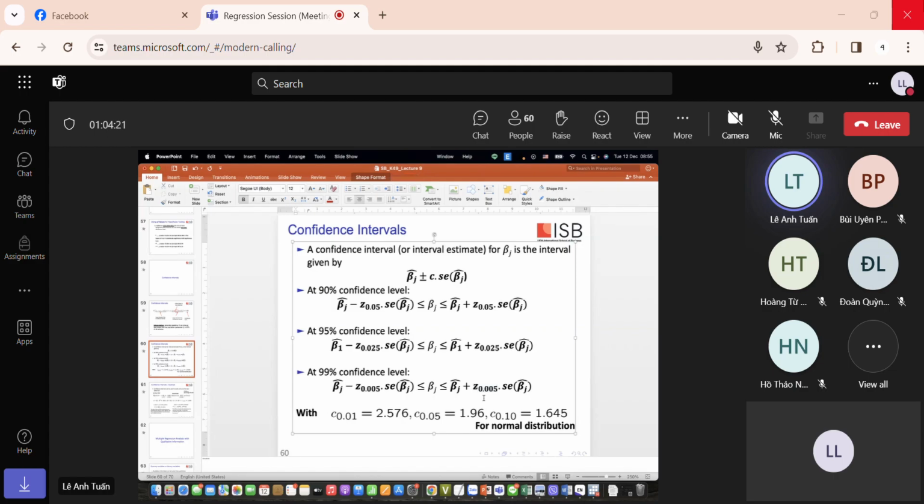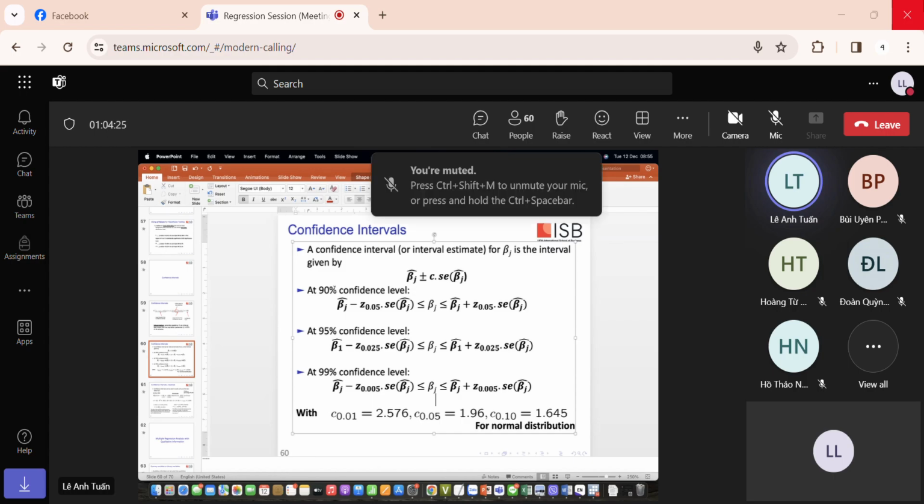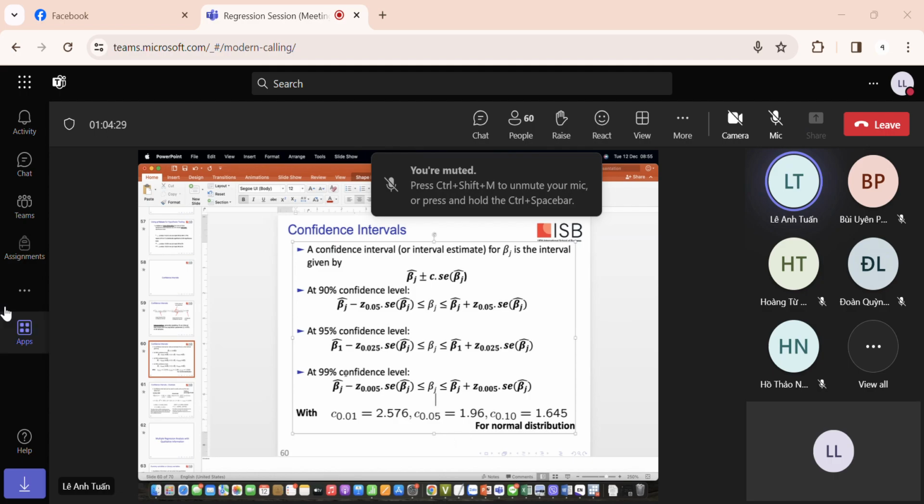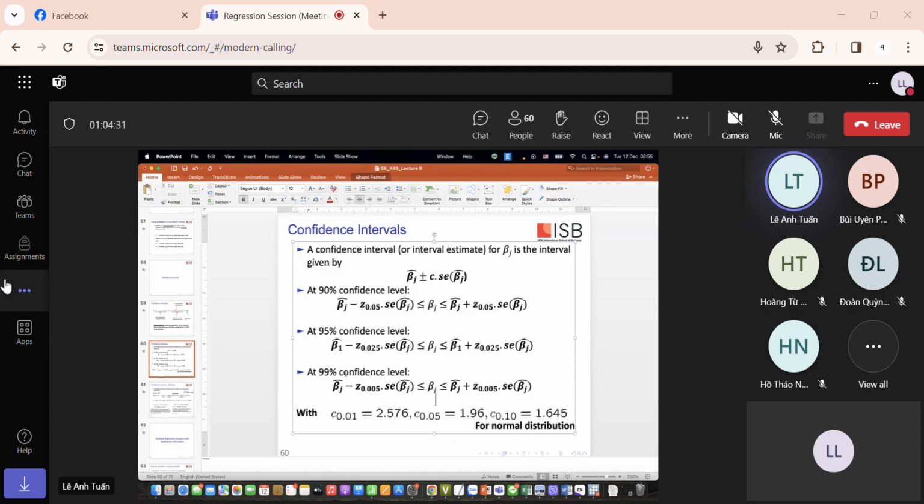So we have the 90% confidence interval, 95% confidence interval, and 99% confidence interval. And the critical value, if you use the normal distribution, is similar.